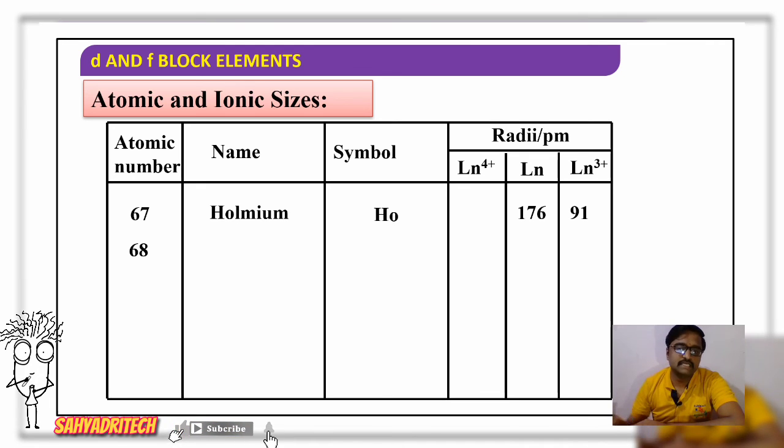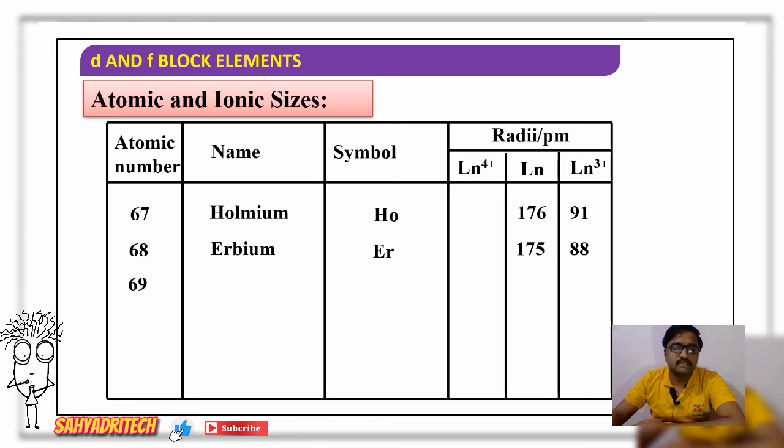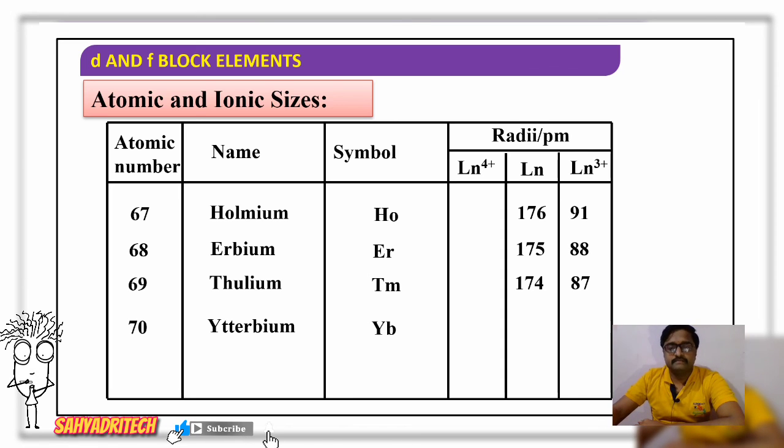Then atomic number 68, erbium, symbol Er, atomic radius 175 picometer and ionic radius 88 picometer. Atomic number 69, thulium, Tm, 174 picometer and 87 picometer. Atomic number 70, ytterbium, Yb, atomic radius 173 picometer and ionic radius 86 picometer. The last one, 71, lutetium, Lu.